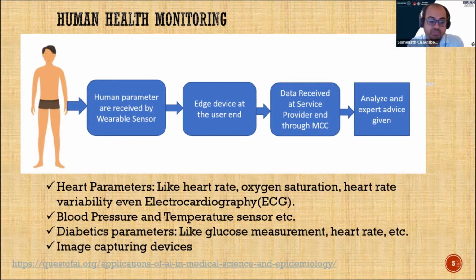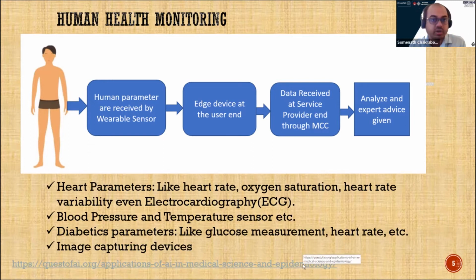And there are many image capturing devices currently in use, like radiological devices that can be applied and automated. So any kind of radiological imaging, like X-ray or CT scan, can be automated, and that can be processed and analyzed with different kinds of AI systems.